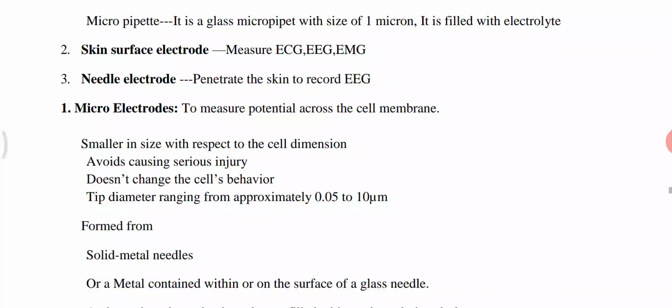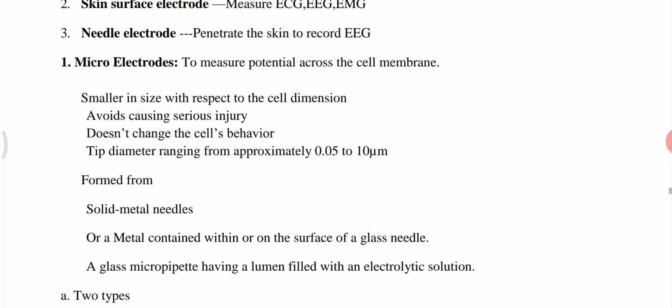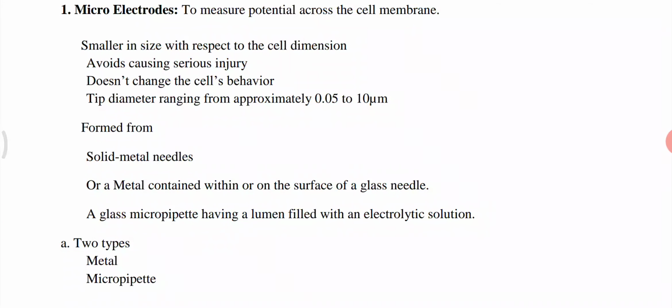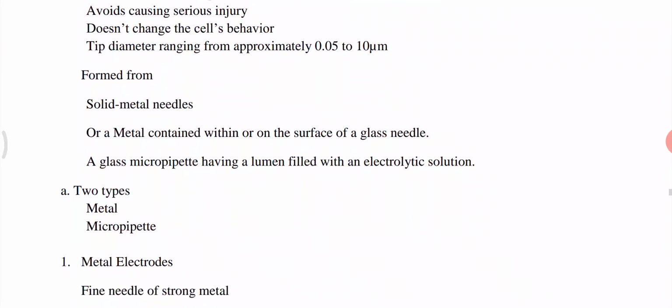To measure potential across the cell membrane, it is very small in size with respect to the cell dimension. The tip diameter ranges from 0.05 to 10 micrometers, and it does not change the cell's behavior, and it is formed from solid metal needles or a metal contained within or on the surface of a glass needle.